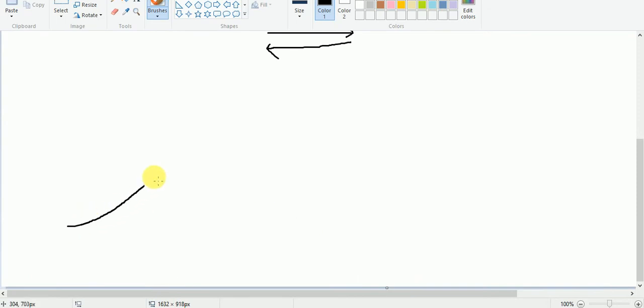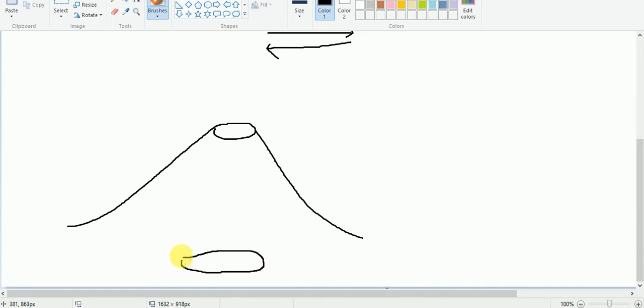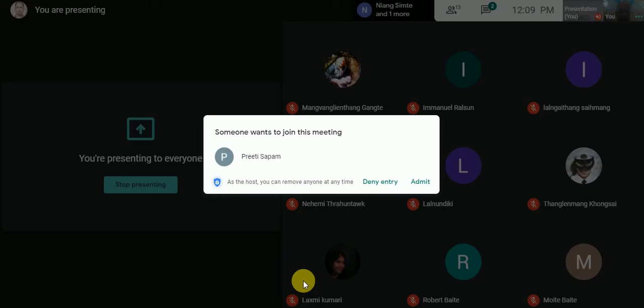For example, this is a volcano, a volcanic cone or mountain, and from the mantle magma may be forced to rise upwards, and suddenly this mouth may explode. At the time of explosion there may be shaking and trembling of the earth surface, and the earthquake which is caused by the eruption of a volcano is known as volcanic earthquake.